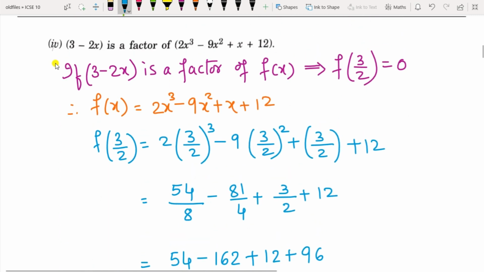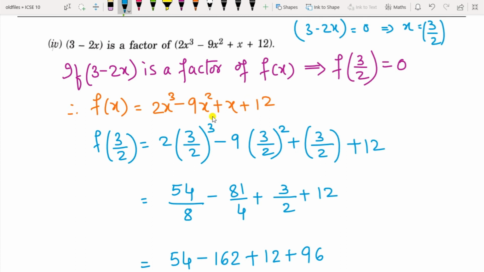Similarly, in this question, you should prove that 3 minus 2x is a factor of the given polynomial. If 3 minus 2x is a factor of this f(x), then the remainder f of 3 by 2 should be equal to 0. How to find f of 3 by 2? 3 minus 2x should be equal to 0, and therefore from here you can find the value of x as 3 by 2, and f of 3 by 2 is the remainder.